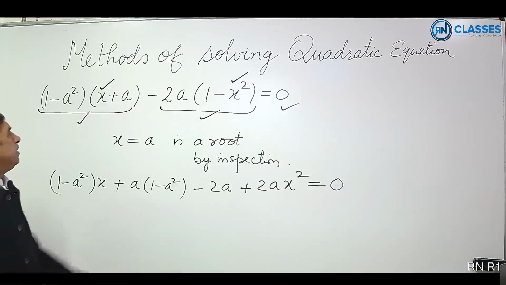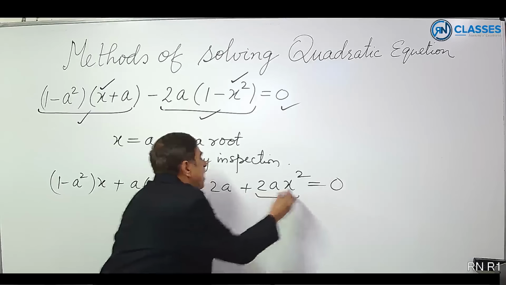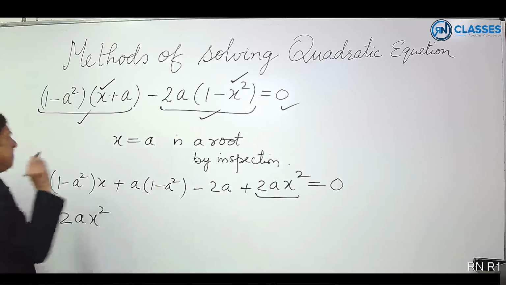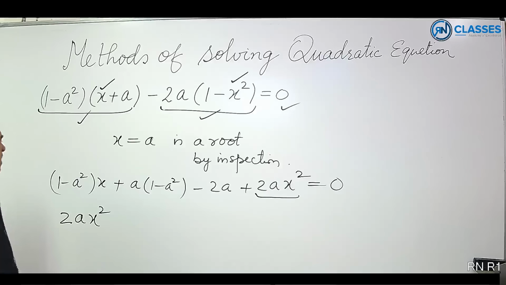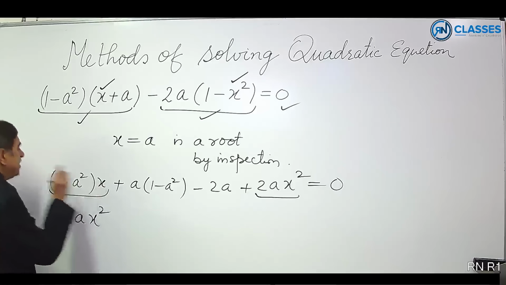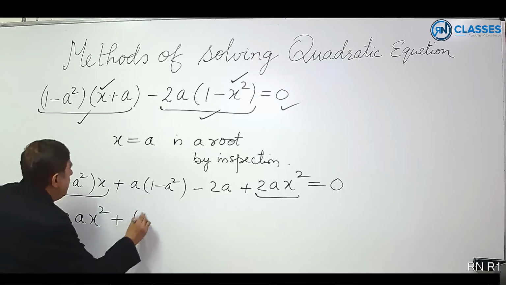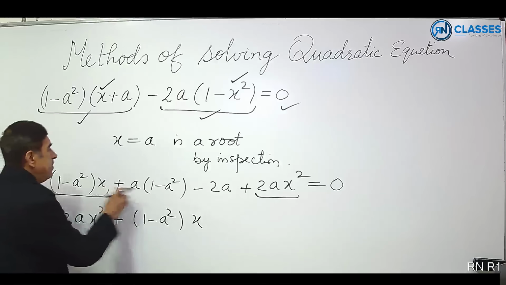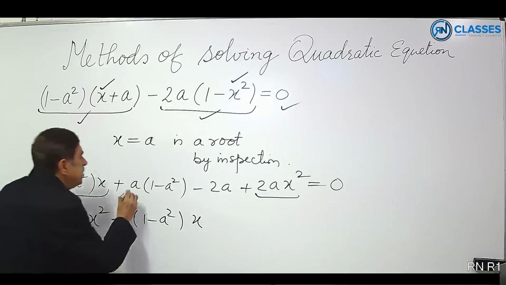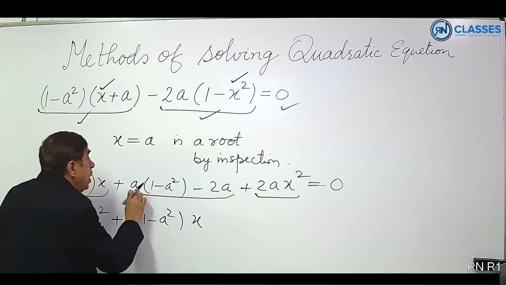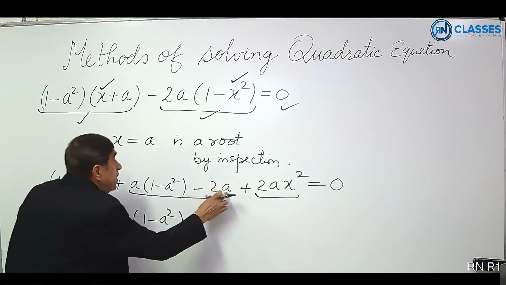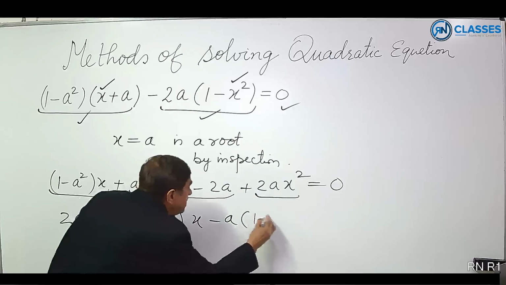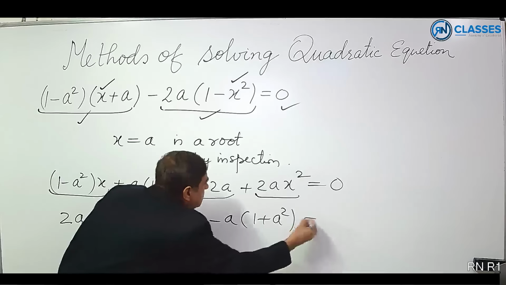This is the term involving x square, 2a x square. Then the term containing x, plus 1 minus a square into x, and then this is the constant term, minus a into 1 plus a square, equal to 0.